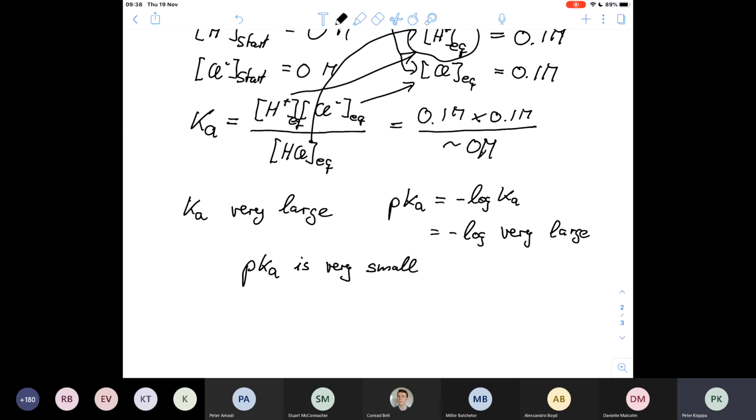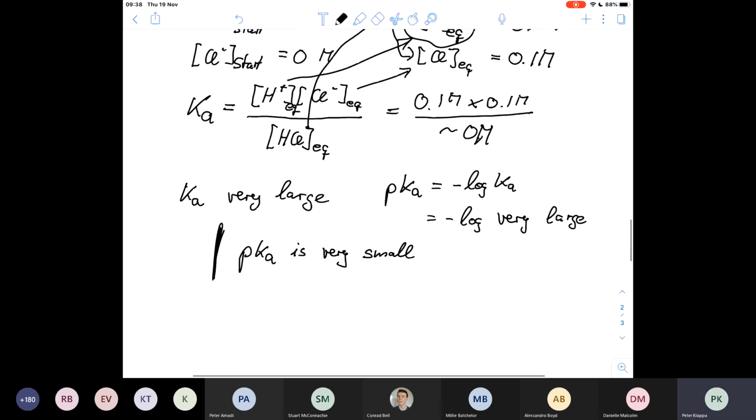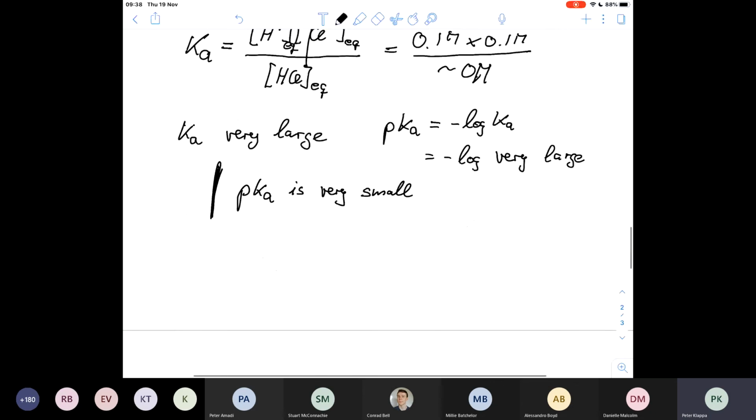If it is exactly 0, you can't calculate it anyway. But if it is just a little bit above 0, that means not every molecule has been dissociated, then you still get a very, very small pKa. So this actually is sort of a definition of a strong acid.